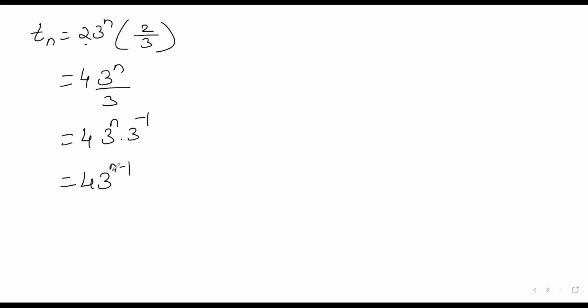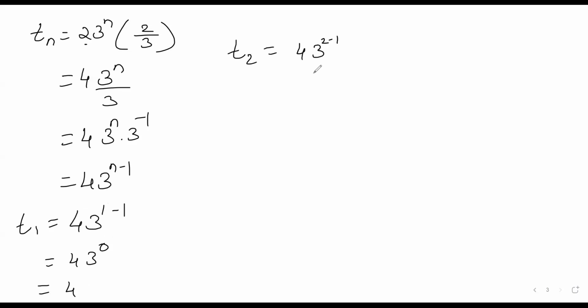This is an alternative method, so I will find T1: 4 times 3 raised to 1 minus 1, 4 times 3 raised to 0, 4. This is T1. T2 is 4 times 3 raised to 2 minus 1. T3 is 4 times 3 raised to 3 minus 1.